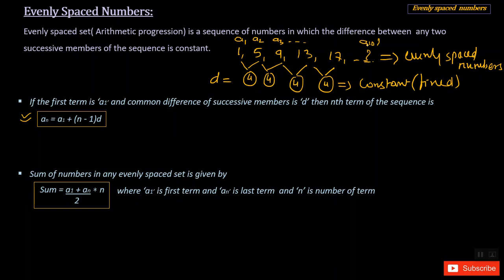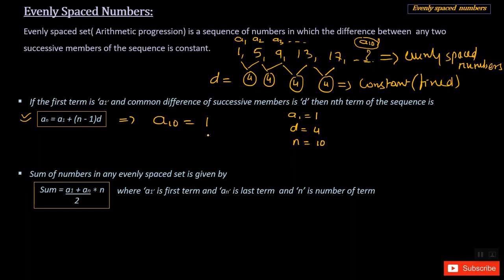Let's take, as I told, the 10th term for this given sequence. Let's calculate using the rule. a10 is equal to the first term, a1, which is 1 from this pattern. The common difference is 4, and I'm asking about the 10th term, so the n value here is 10.